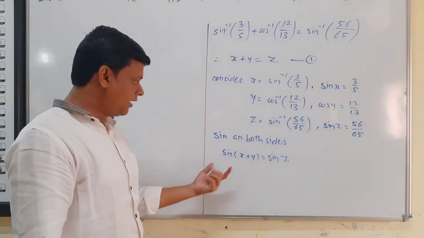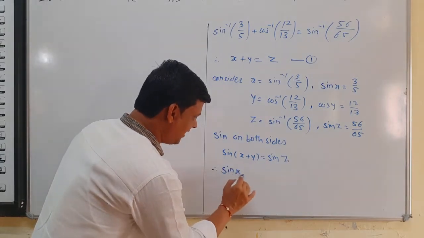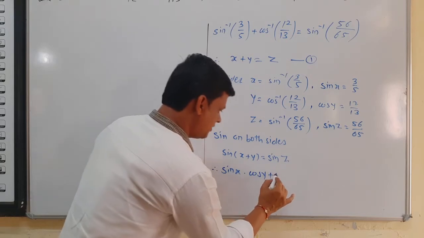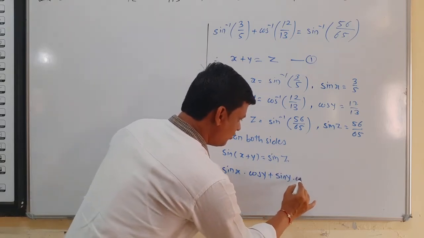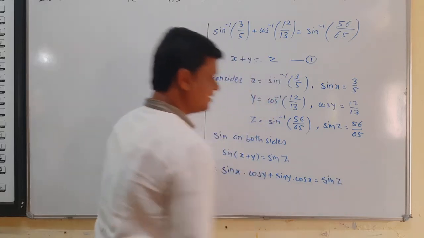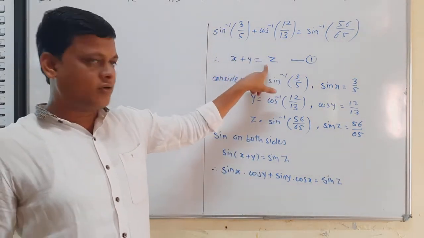So we know the formula for sin of alpha plus beta, therefore we write sin x into cos y plus sin y into cos x equals sin z. That means we have to show x plus y equals z.